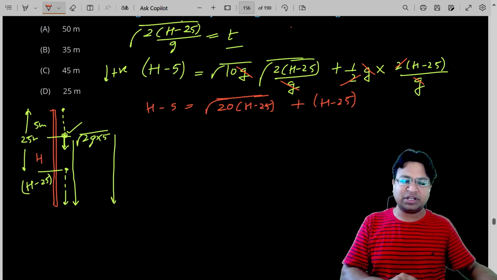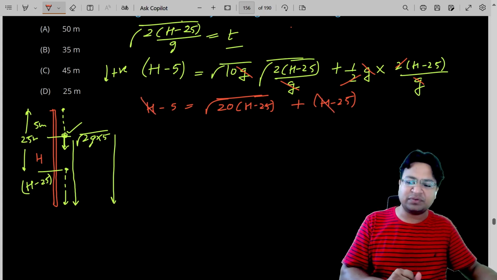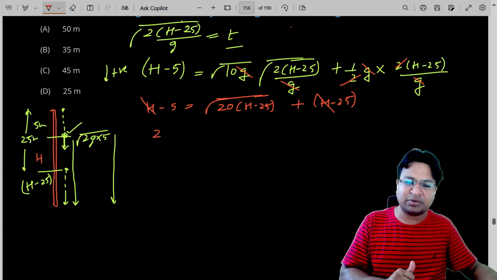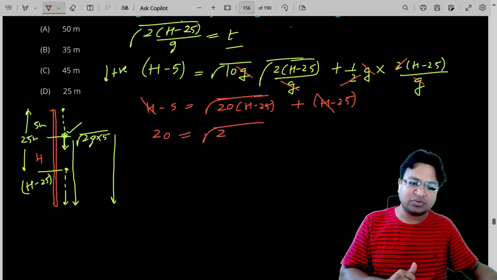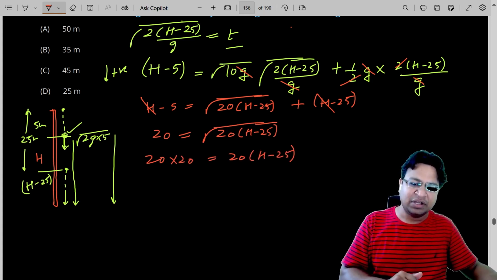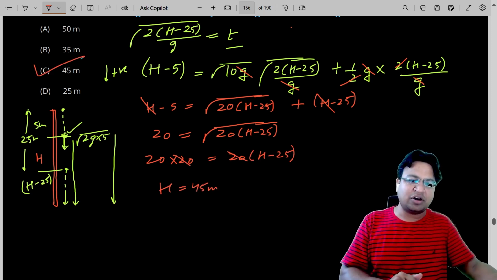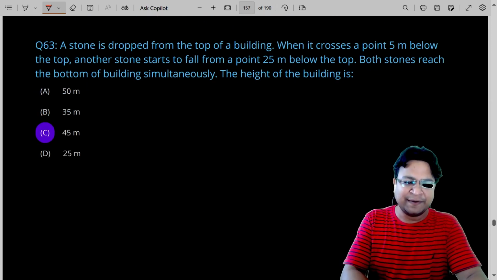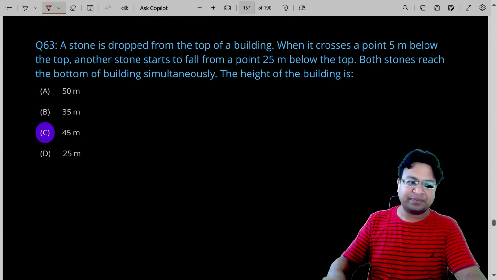Now we have to solve it. This h and this h will get cancelled. The 25 will move to the other side, so it will become 20. So 20 is equal to root of 20 into h minus 25, and we can square both sides. So 20 into 20 is equal to 20 into h minus 25. This 20 gets cancelled. So the value of h comes out to be 45 meters. So option C looks like the right answer. Okay, so option C is the right answer.